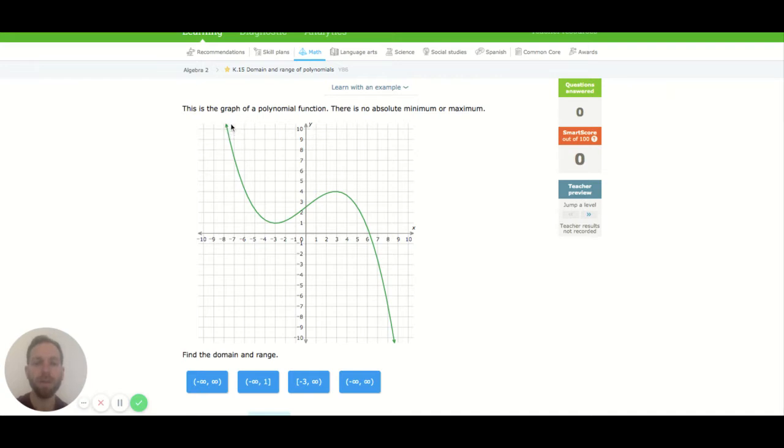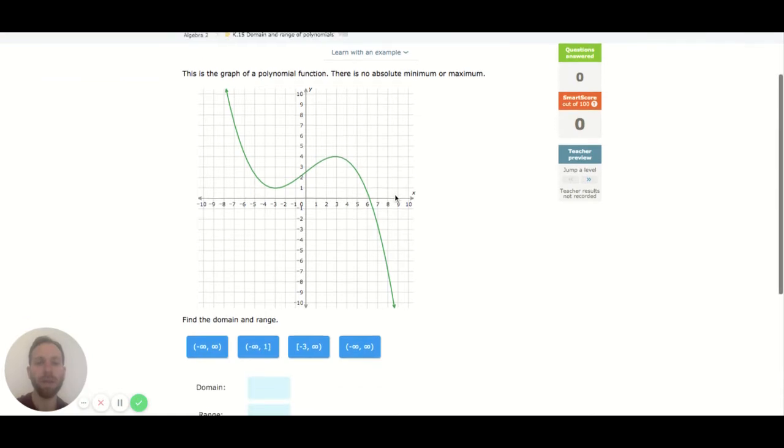You want to really pay attention to the arrows also, because you can't assume it's going to stop anywhere. So even if it's going just a little bit to the right, you have to assume that it's continually going right until positive or negative infinity.